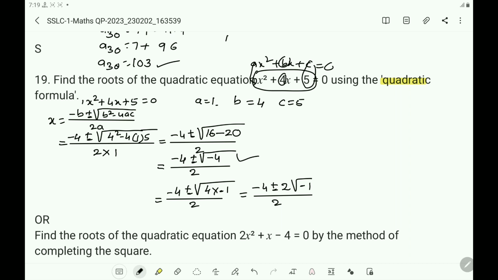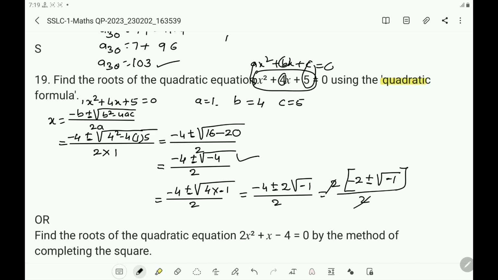Here you can write this as an answer also. But if you want to continue it, you can simplify it. So remove the common, 2 is a common here. Then if 2 is removed outside, what comes in the bracket? 2 into minus 2 plus or minus whole root minus 1, whole by 2.